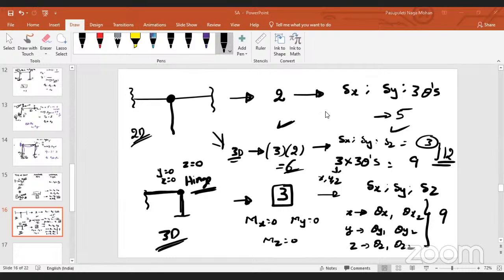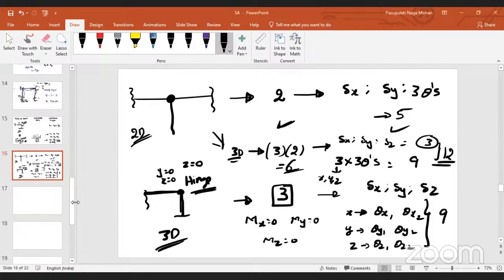Sir, one doubt. Can you explain about degree of indeterminacy, internal and external? You want to know what is internal indeterminacy and what is external indeterminacy?